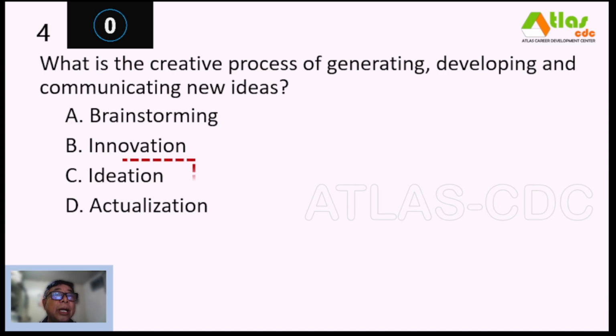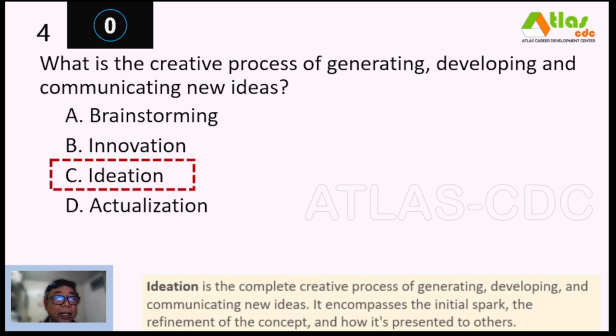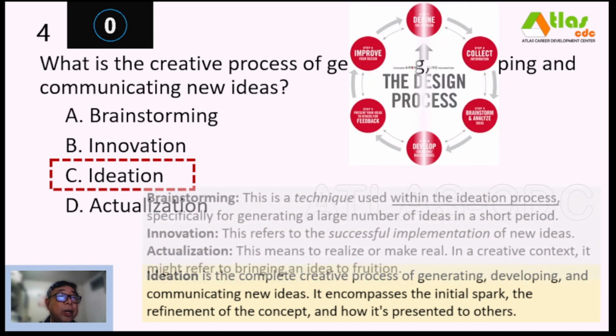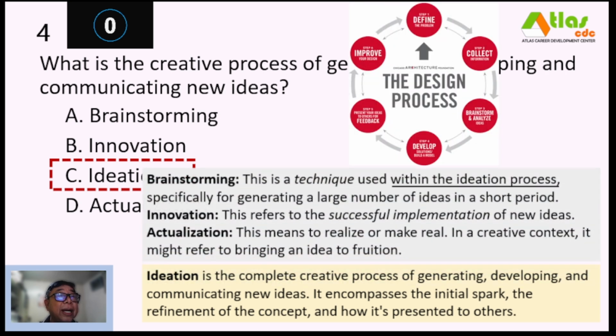And our correct answer is letter C, ideation. So ideation is the complete creative process of generating, developing, and communicating new ideas. It encompasses the initial spark, the refinement of the concept, and how it's presented to others. On the other hand, when you say brainstorming, it is a technique used within the ideation process, specifically for generating a large number of ideas in a short period.